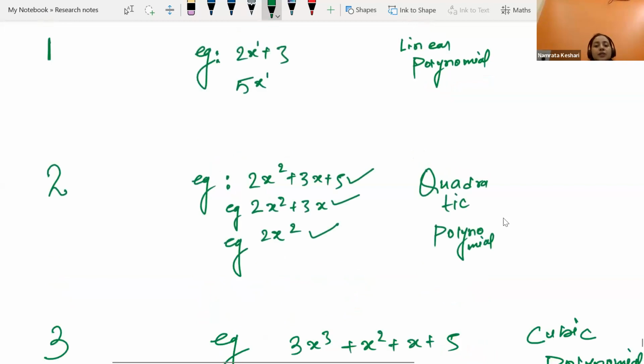Similarly, a quadratic polynomial is a degree 2 polynomial. Here the x square term must be there. Remaining terms being there or not doesn't matter, but whatever is defining the degree, that term will be there. Then only we will be able to call it a degree 2 polynomial, and a quadratic polynomial.